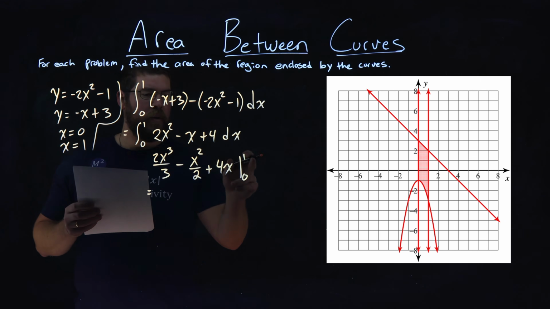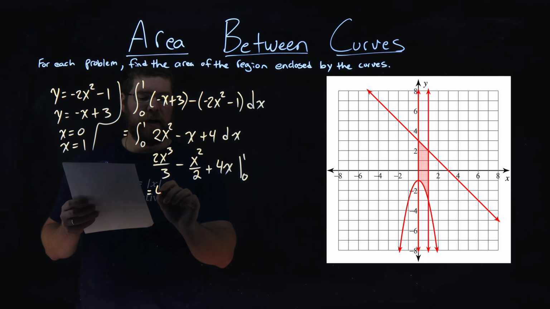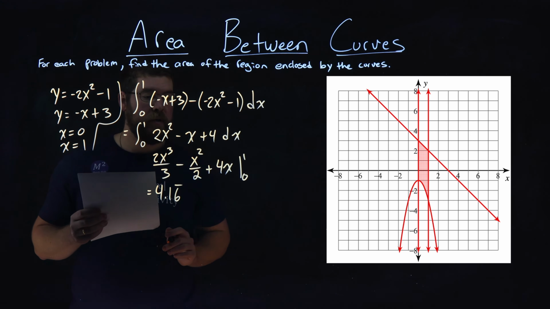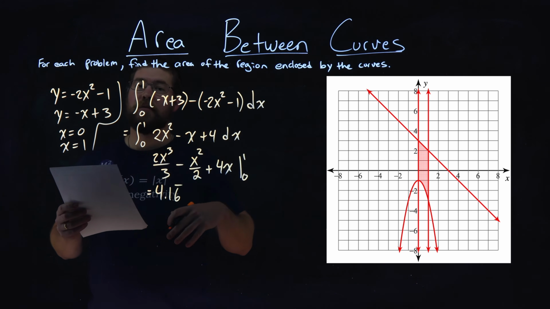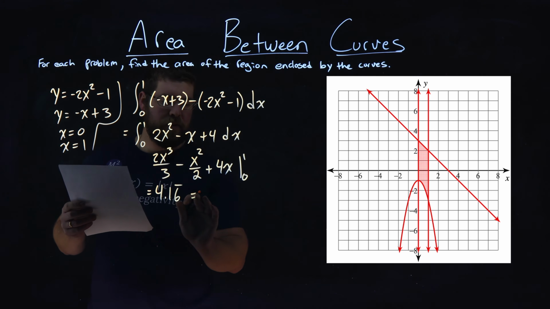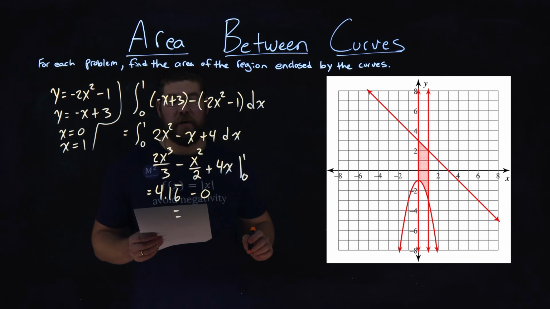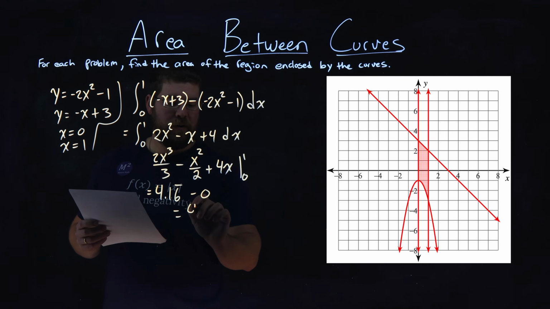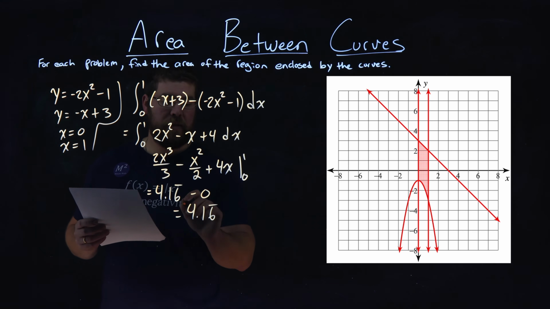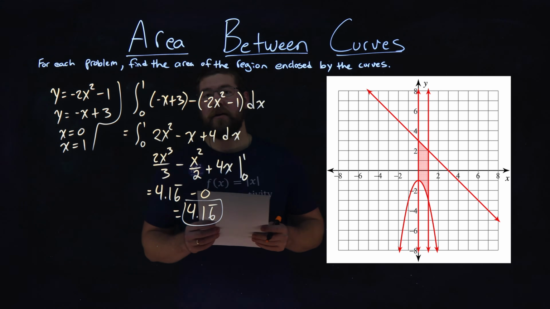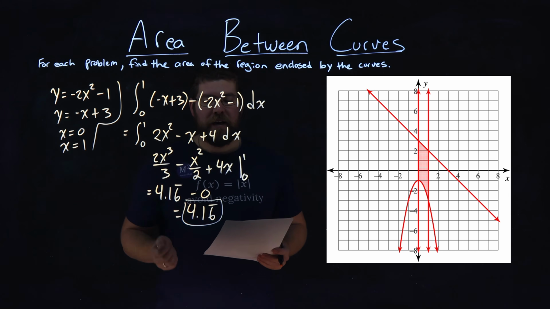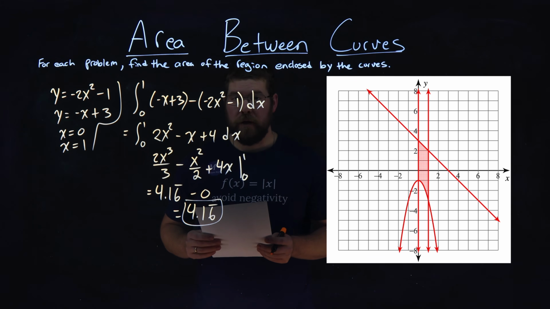And when I did that, I got a 4.16 repeating. When we plug 0 in for x, we get a 0. Minus the 0. Well, clearly 4.16 repeating minus 0 is just a 4.16 repeating. And there we have it. My final answer here for the area between the curves is a 4.16 repeating.